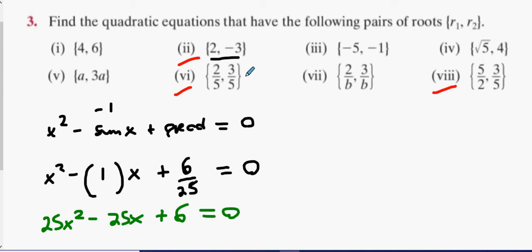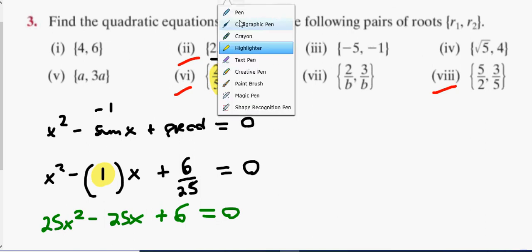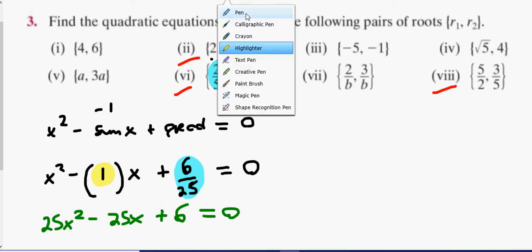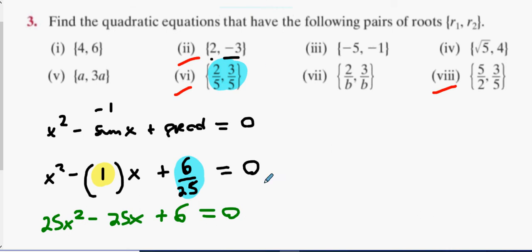Alright. The first thing is, I'm using my calculator. I'm adding the fractions. That gets me to 1. I then use my calculator to multiply the two fractions by each other, and that gets me to 6 over 25. To get rid of the denominator on the bottom, I go across and say, everything needs 25. 25 on top, 25 on the bottom.